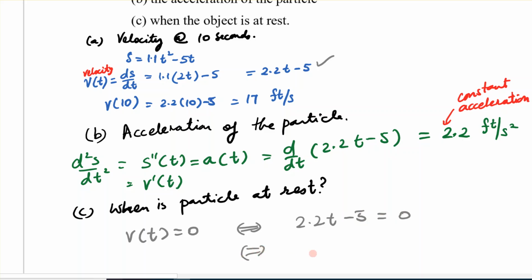So we solve for t. So 2.2t is equal to 5, or t is equal to 5 divided by 2.2, which in turn means t equals 2.3 seconds. So the particle is at rest after 2.3 seconds.